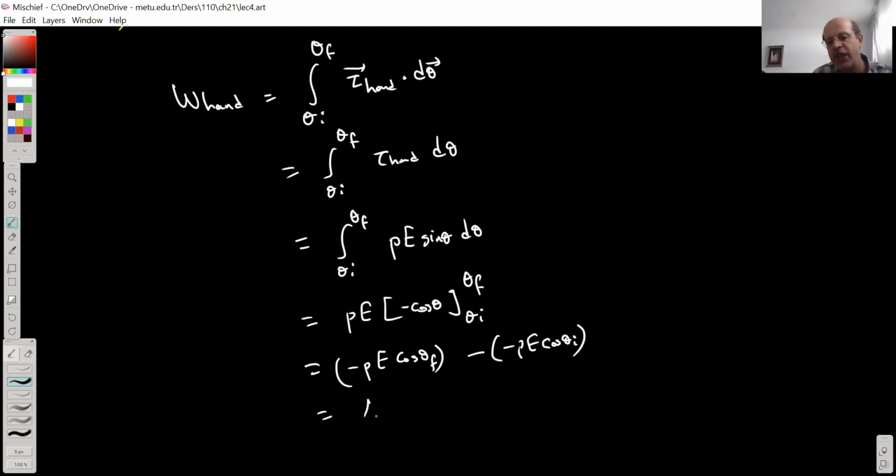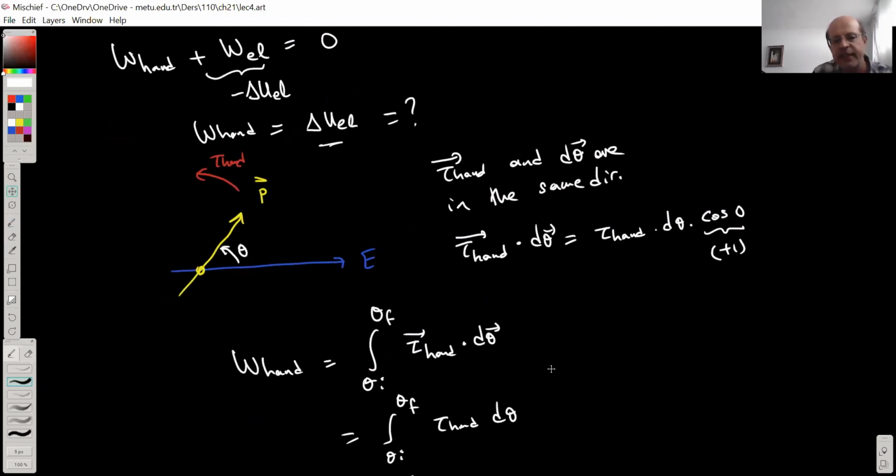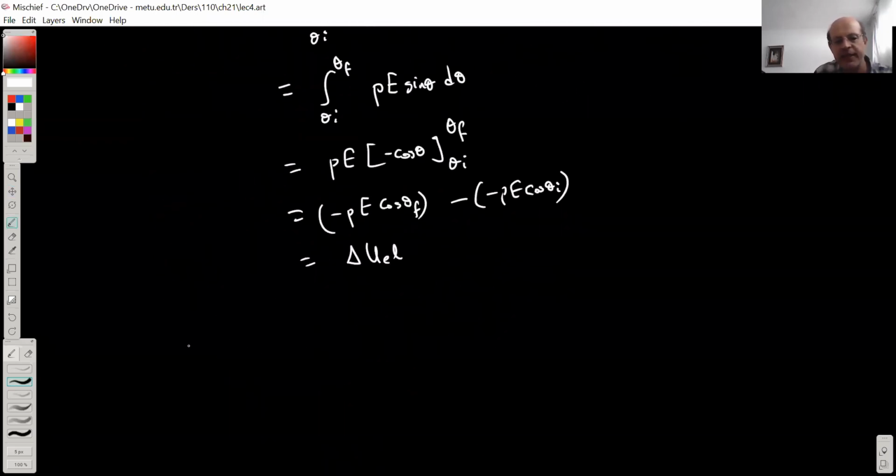And that's equal to the change in the electric potential energy, because this is something that I have deduced in here, right? So because of that, we just choose the electric potential energy as minus PE times cosine theta. All right, that's the formal derivation of that expression.